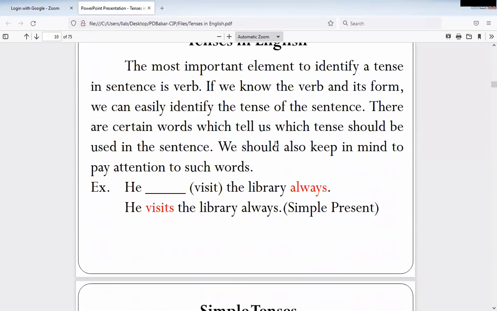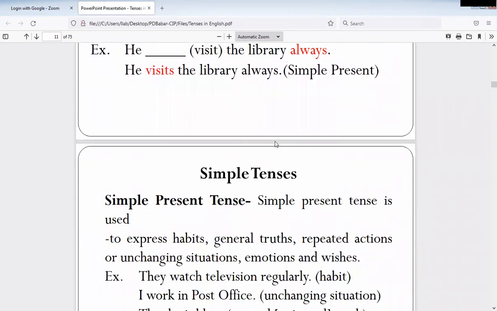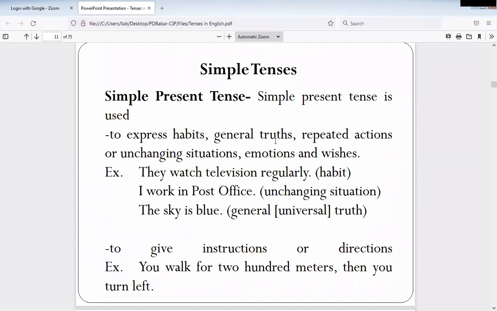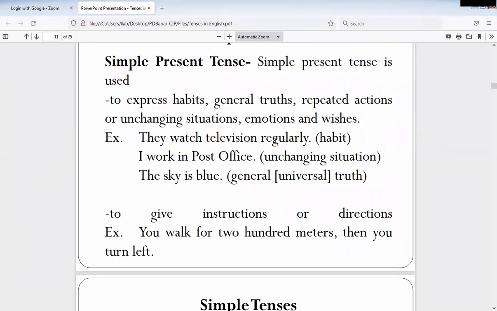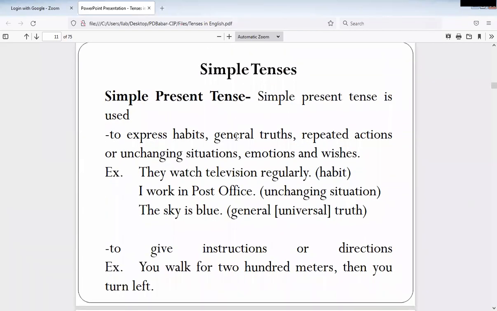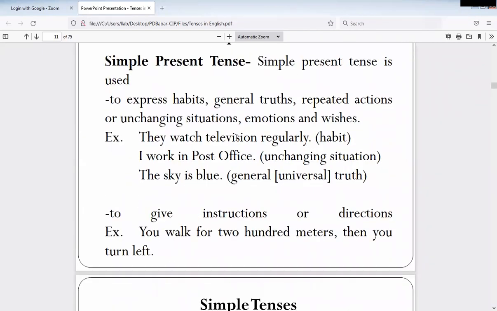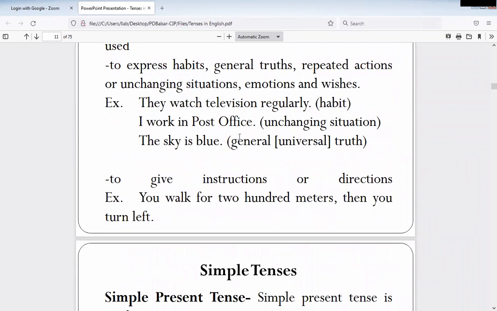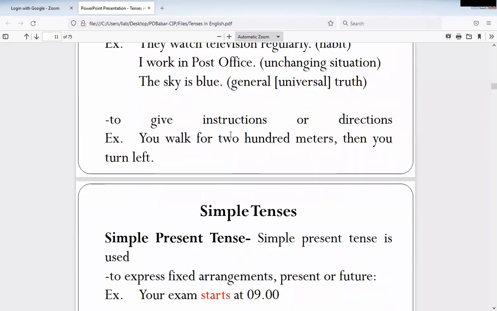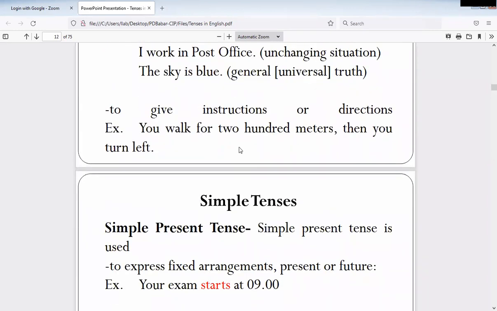We discussed the simple present tense. What is simple present tense and why do we use it? For which actions do we use it? We use it to express habits, general truths, repeated actions, or unchanging situations, emotions, and wishes. Also, we use it for giving instructions or directions.